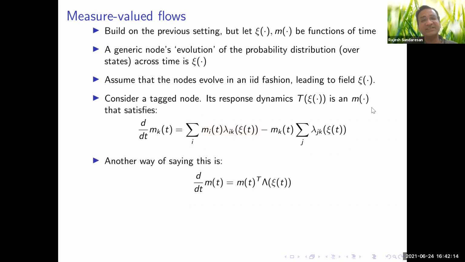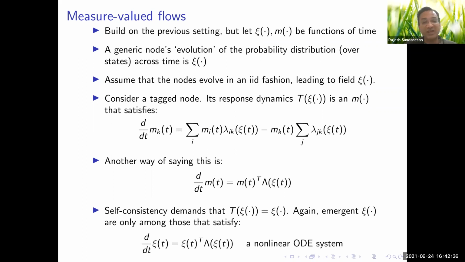Another way of writing this is to write it in exactly the Kolmogorov forward equation sort of way, where we write it as dm by dt is equal to m transpose lambda of xi of t. Okay. Now, T of xi is that m, which is a path, a measure valued flow that solves this particular differential equation. So self-consistency then demands that T of xi equals xi itself.